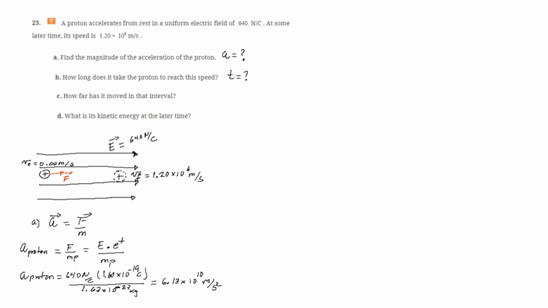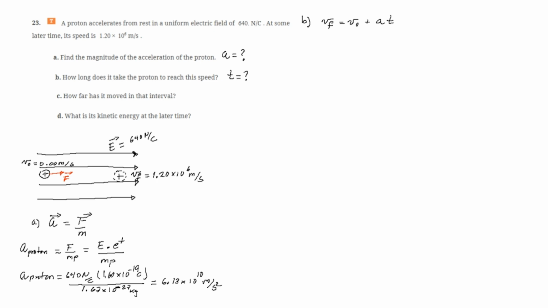And then we have to take the equations of kinematics again. That's why I made that emphasis on kinematics. Because I know the final velocity, I know the initial velocity, I know the acceleration, and I want to find the time. So the final velocity is equal to the initial velocity plus acceleration times time.